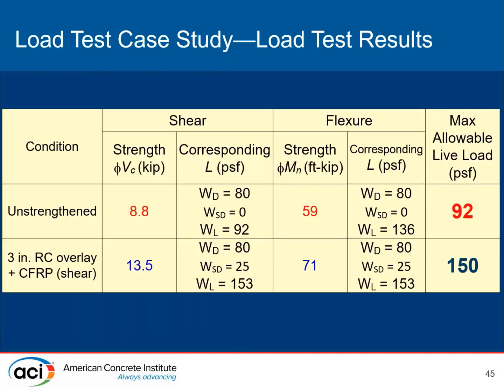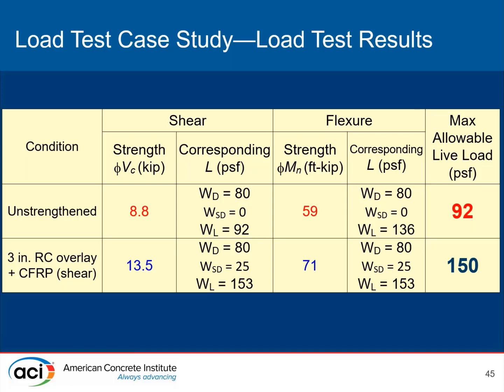Here are the load test results from this example, and there's a lot of numbers on the screen, so we're going to take it a little bit slow to step through it. If we take the unstrengthened condition, which is the first row, you can see that the factored shear capacity of 8.8 kips corresponded to a live load of 92 PSF.